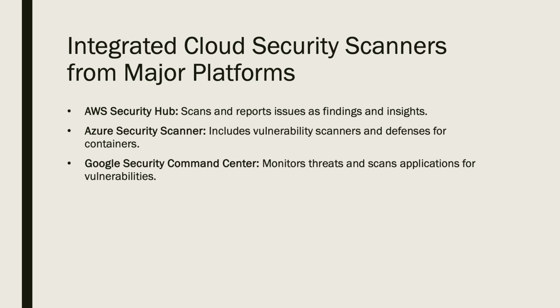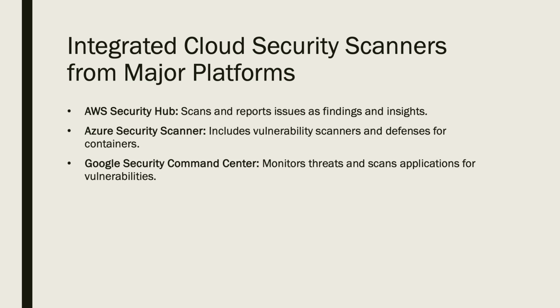And typically, these cloud scanners are proprietary, and they work with their own platform. So AWS Security Hub is a scanner that reports issues and findings within an AWS environment. Azure Security Scanner includes vulnerability scanners and defenses for containers.